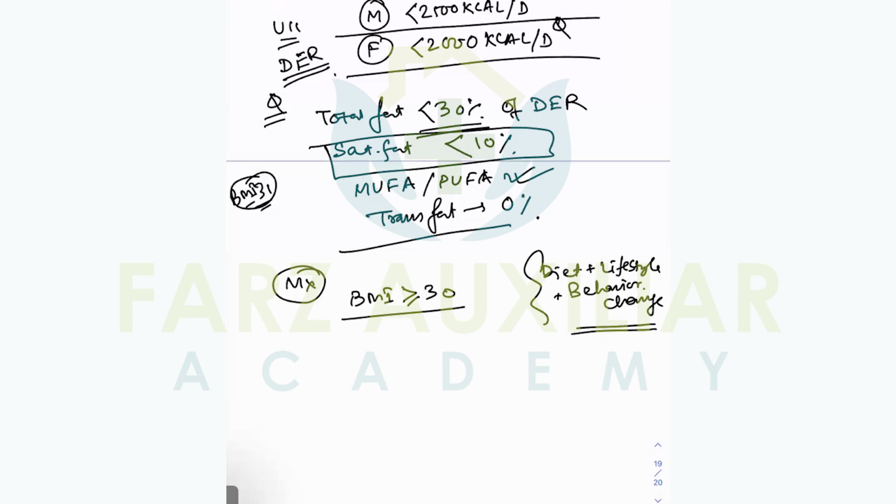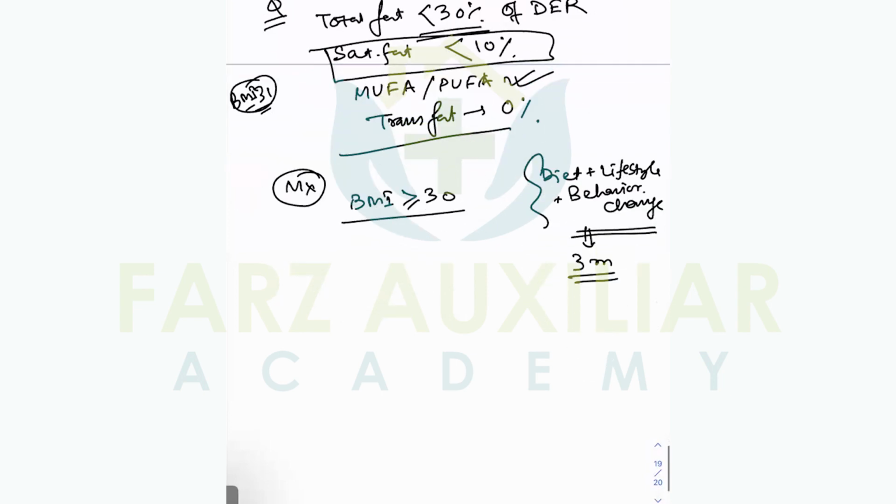So healthcare workers are there for all three categories. Behavior change is extremely important. How long should we give this trial? This should be for 3 months. After 3 months, he should be revisited, and then further medication we can start.